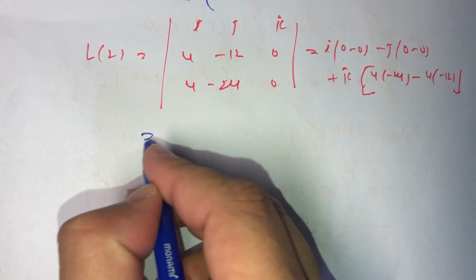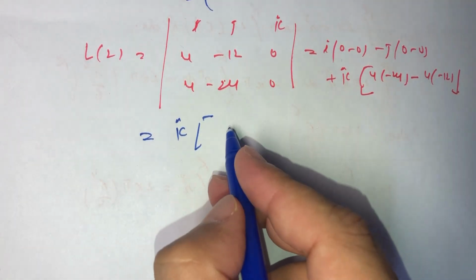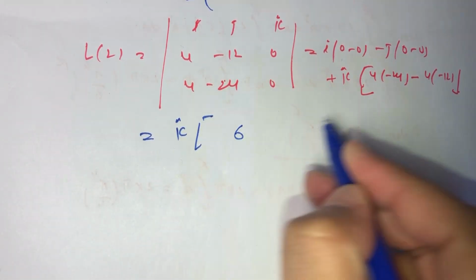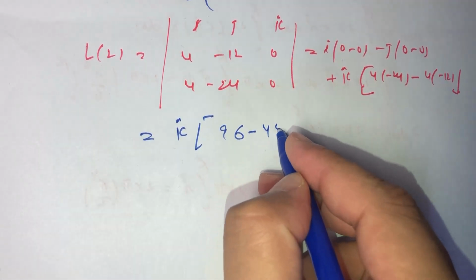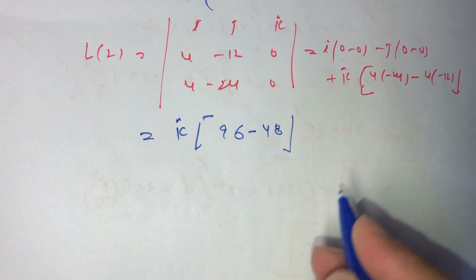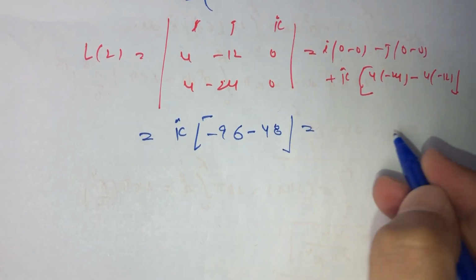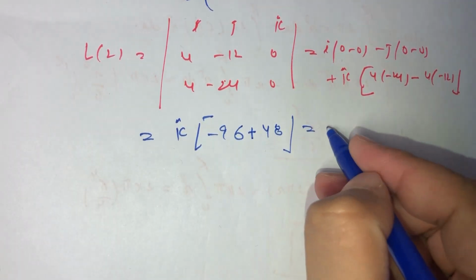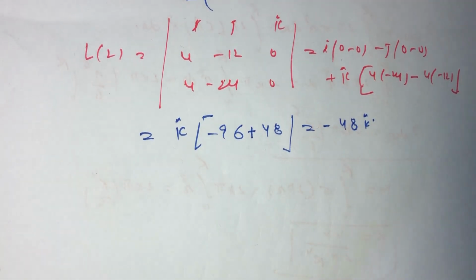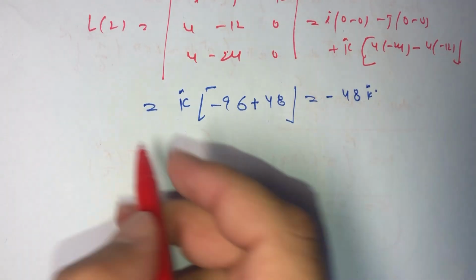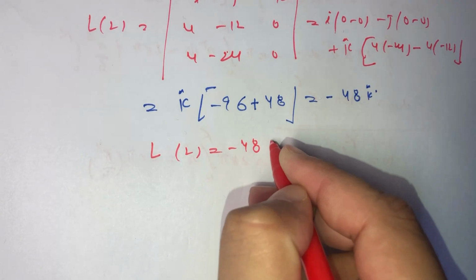Therefore, this will be equal to k into minus 96 plus 48, which comes as minus 48k. Therefore, angular momentum at 2 is minus 48 k unit vector.